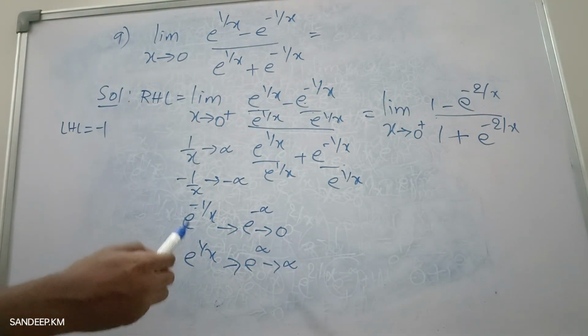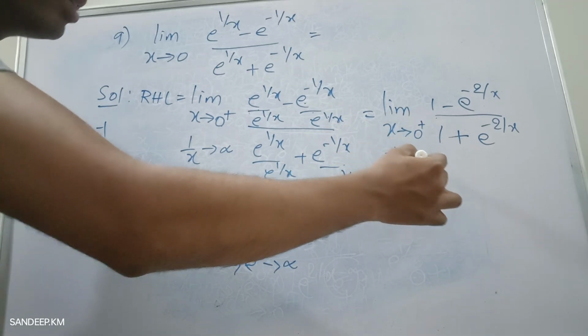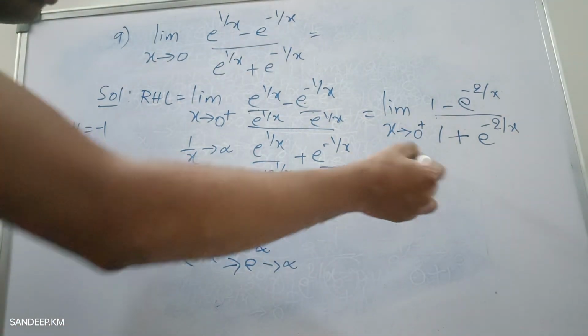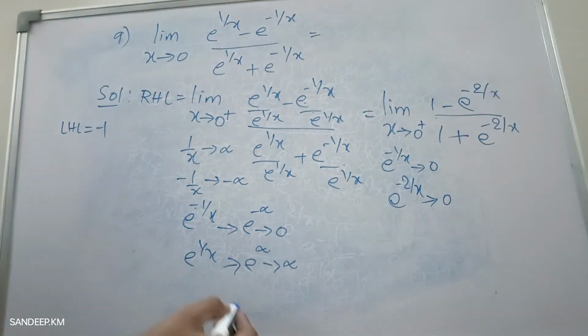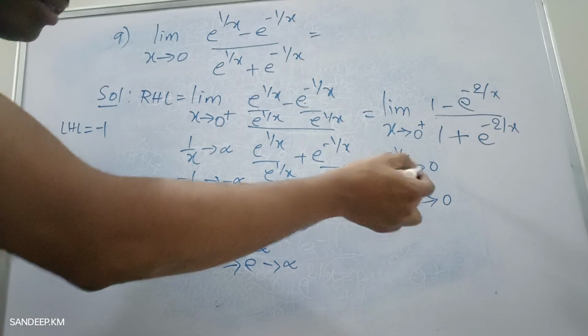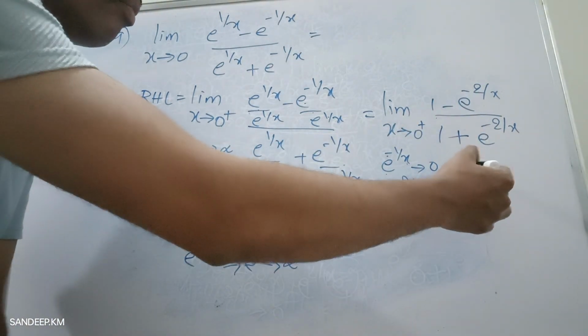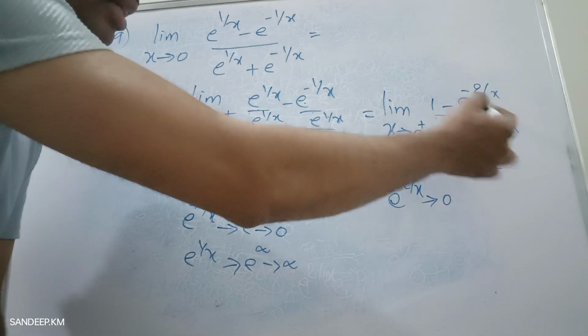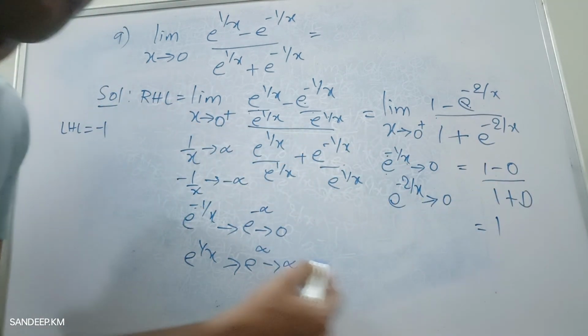And dear students, if e power minus 1 by x is approaching 0, then its square, e power minus 2 by x, is also approaching 0. So therefore, it is equal to 1 minus 0, divided by 1 plus 0. And the answer is 1.